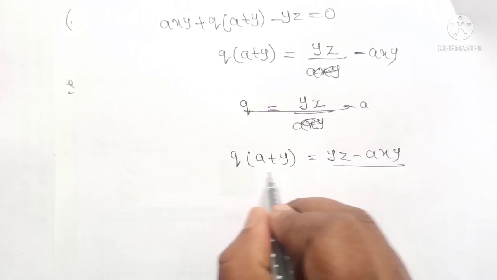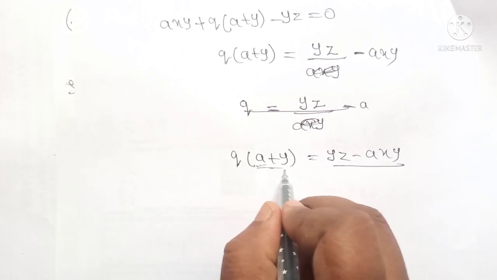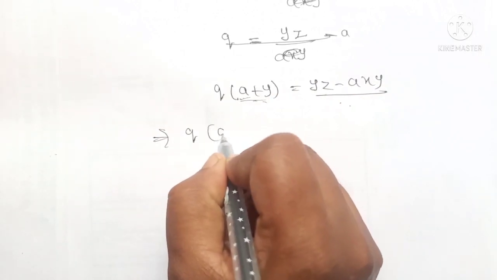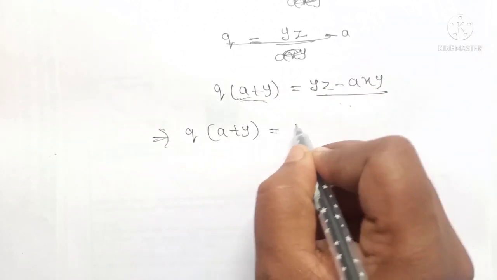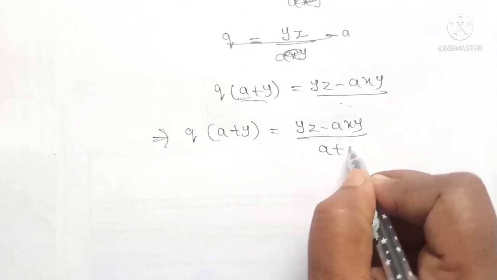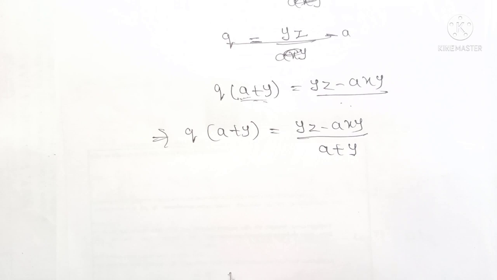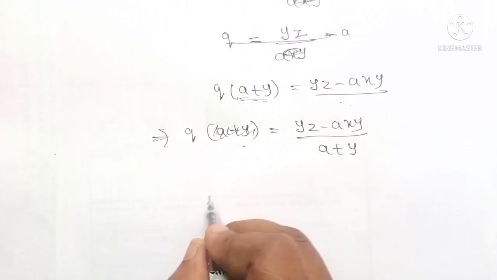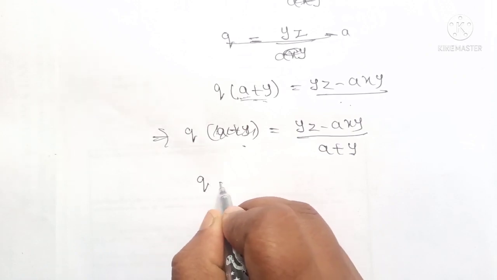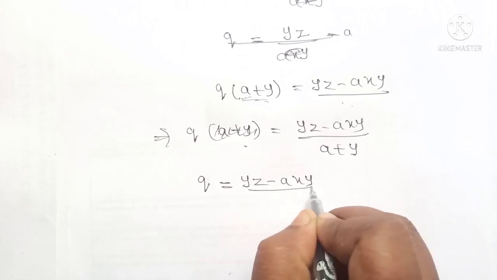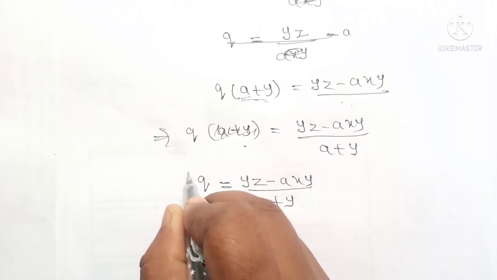Taking the term to the other side, q of a plus y equals yz minus axy, whole divided by a plus y. So the q value is yz minus axy divided by a plus y.